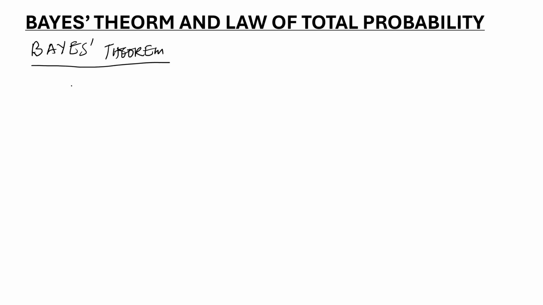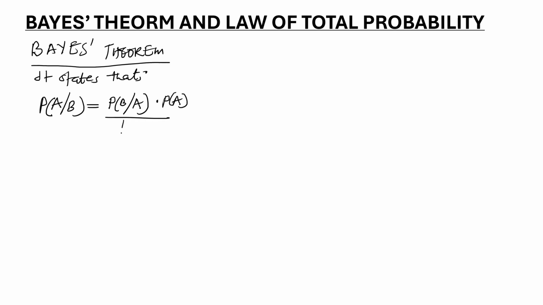The theorem states that the probability of A given B is equal to the probability of B given A times the probability of A, divided by the probability of B. Now let's prove it.